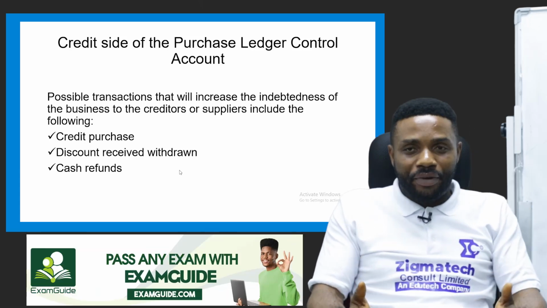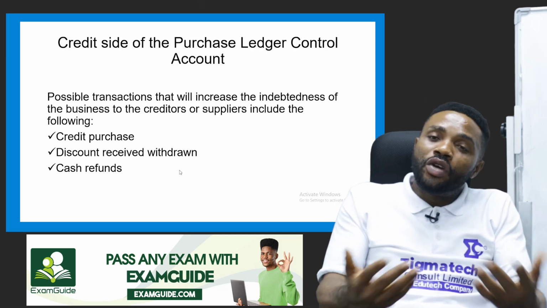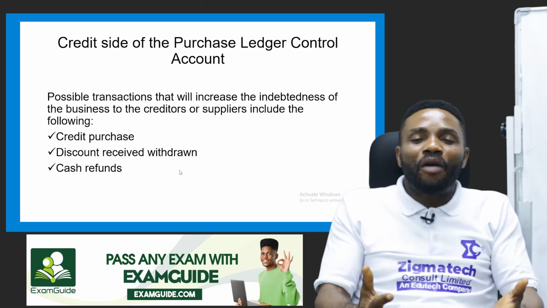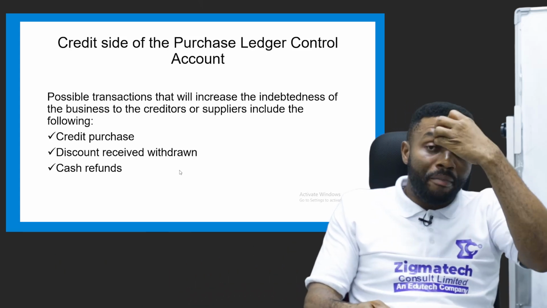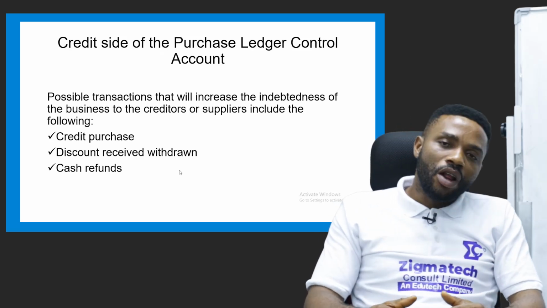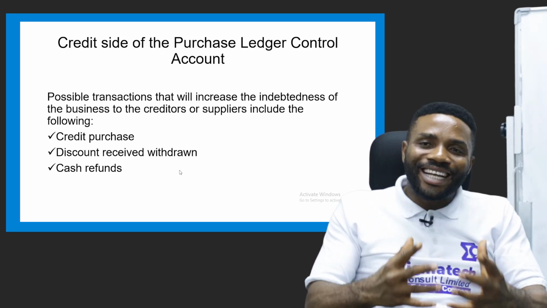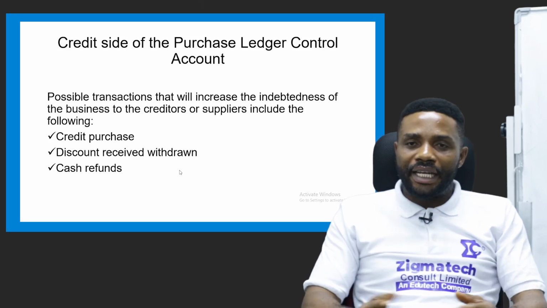At the end of February, we were not able to pay. So what did he do? He has to withdraw the discount that was given to us. So the money has now gone back to 1 million instead of the 500,000 that we were struggling to pay. So discount received withdrawn can actually increase our indebtedness.